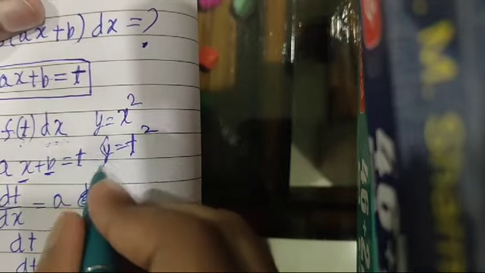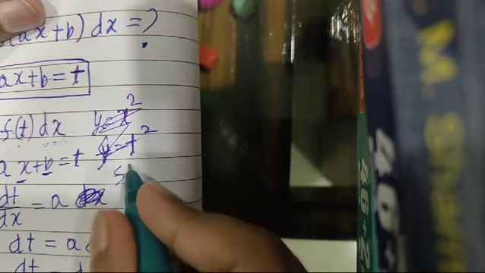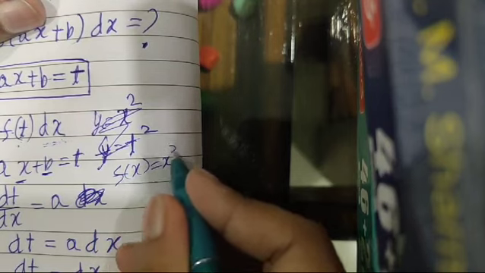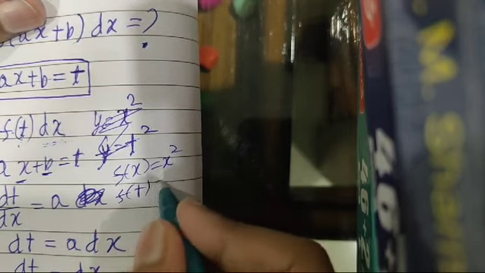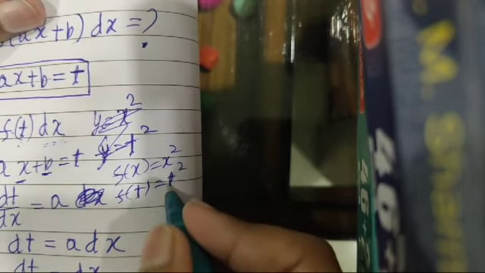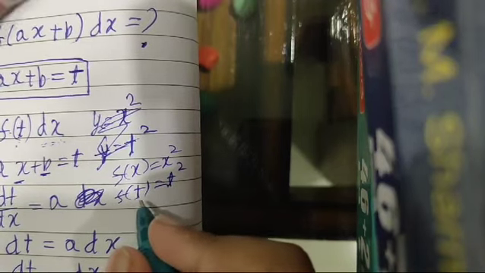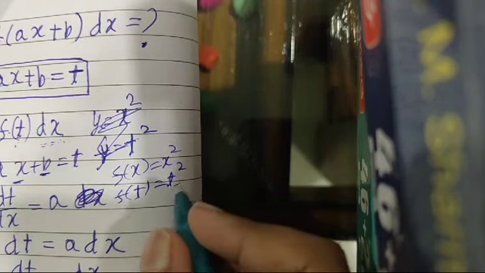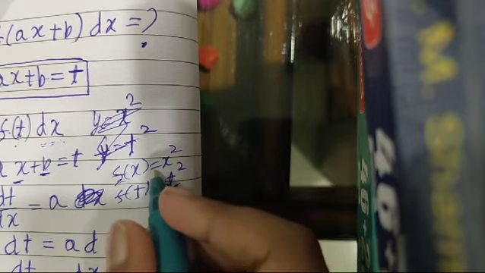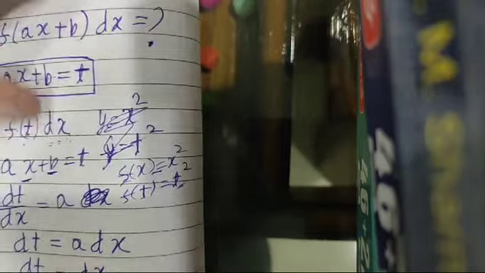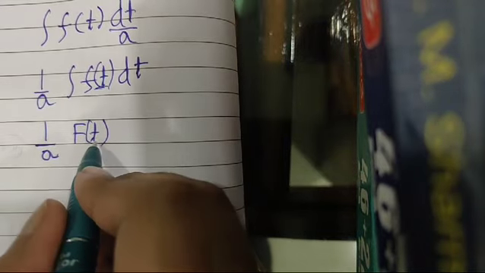They do not have any different meaning. Changing the variable does not change it. Let's assume a function f of x is equal to x square and f of t is equal to t square. At t equal to, let's say, minus 5, you get 25 here. At x equal to minus 5, you get what? 25 here. Changing the variable does not change the function. So it will give me F of t only.